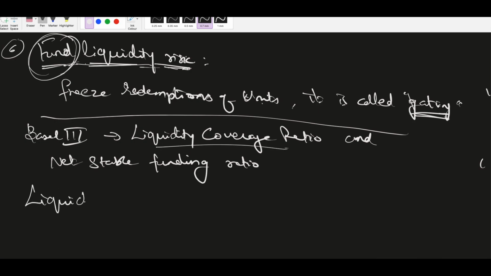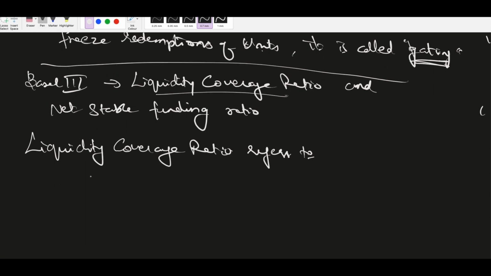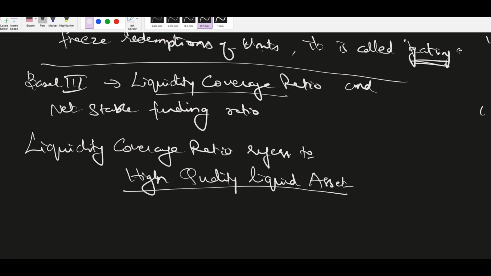Liquidity coverage ratio refers to high quality liquid assets, shortly called HQLA.